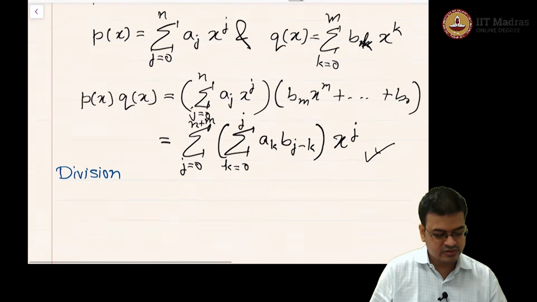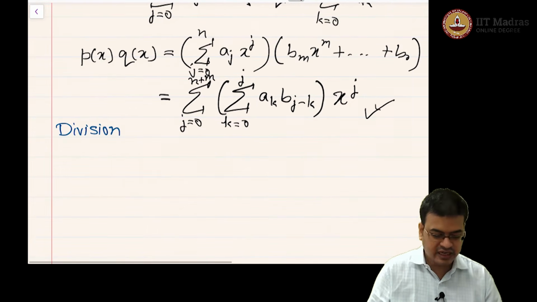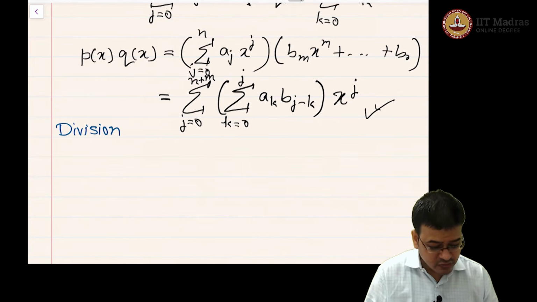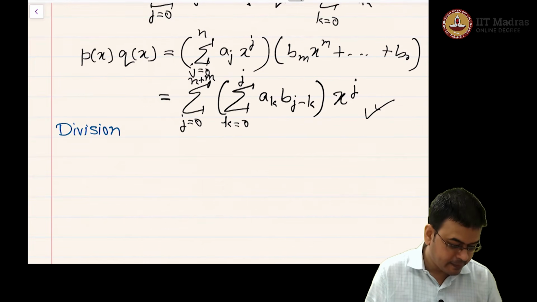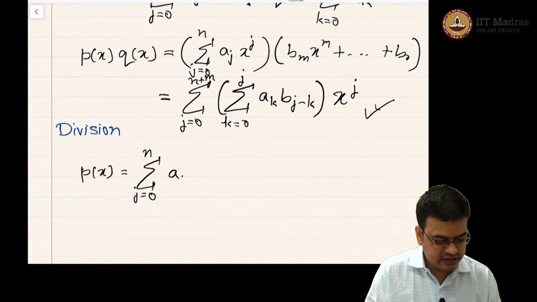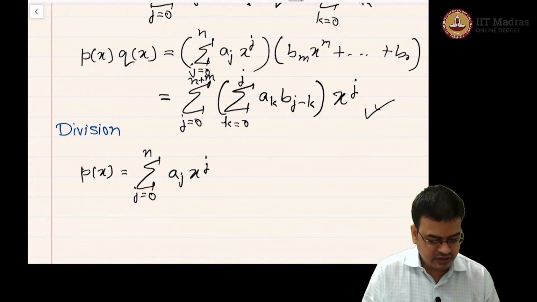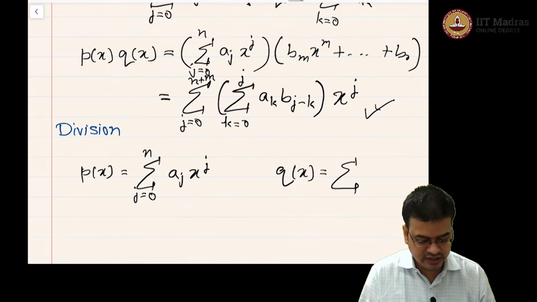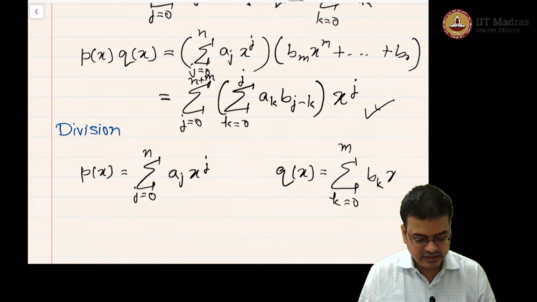Now let us come to the division part. It is actually a long division that we are trying to figure out. So given a polynomial, let us say the polynomial is p(x) which is the summation over j equal to 0 to n of a_j x raised to j and q(x) is again the summation over k equal to 0 to m of b_k x raised to k.